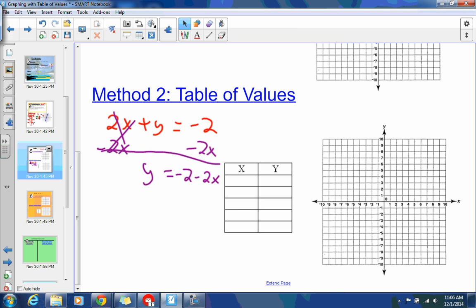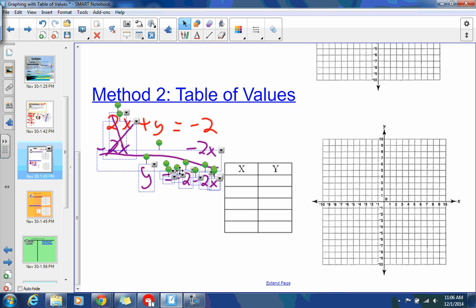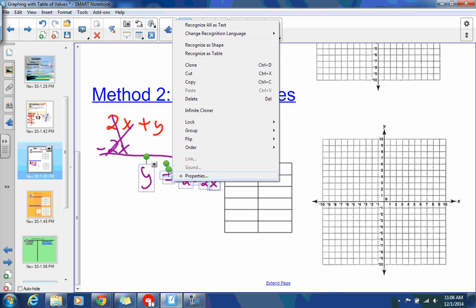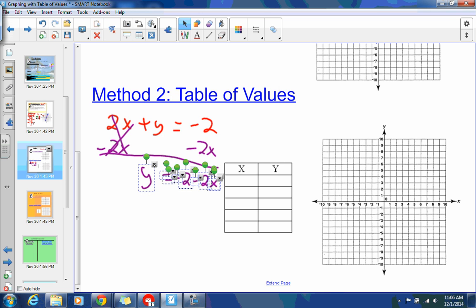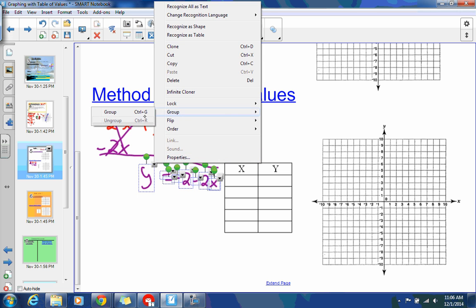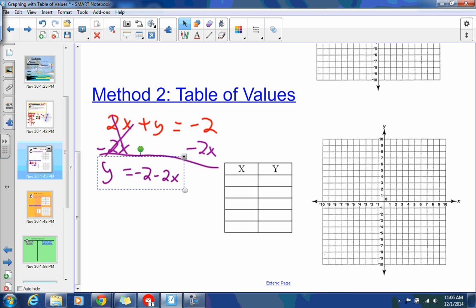Now that's not something you have to do. That's just something that I suggest doing, because it is really easy to do. It is a whole lot easier to use when you're solving for y. So we're going to use that one.